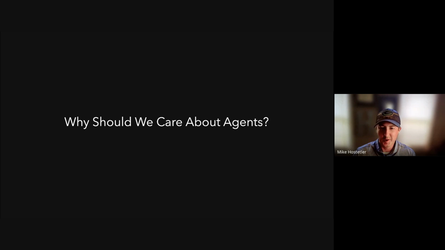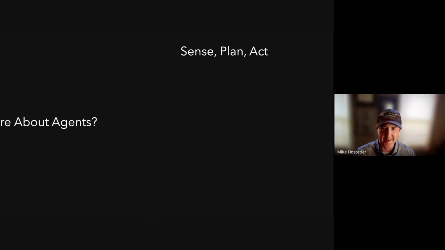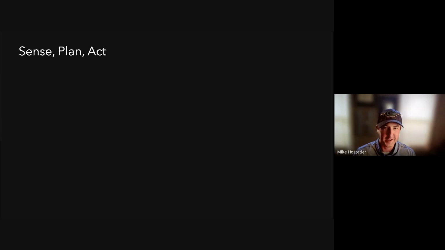As you all have probably seen, agents are a big deal now. But the funny part is that agents are really an old idea. Agents have been around in some form or another since the 1950s, where computer scientists came up with the idea of sense, plan, and act.